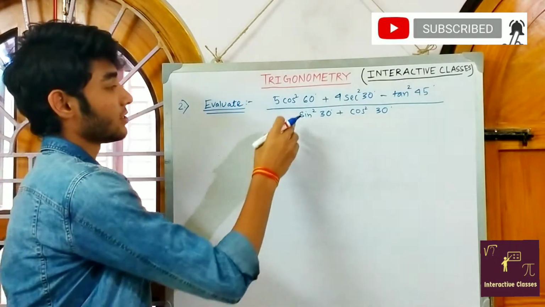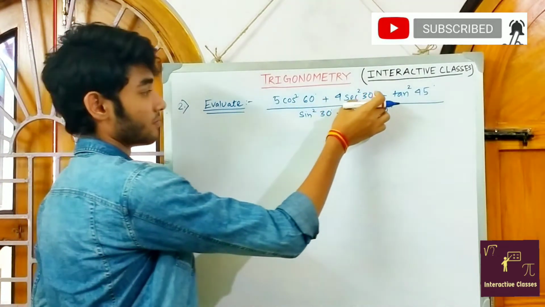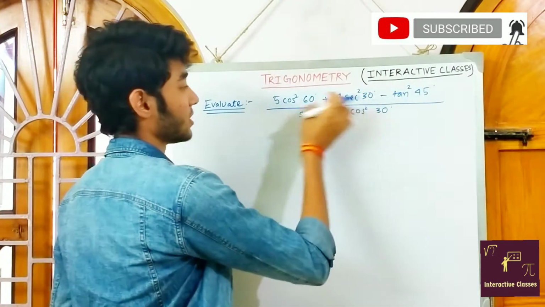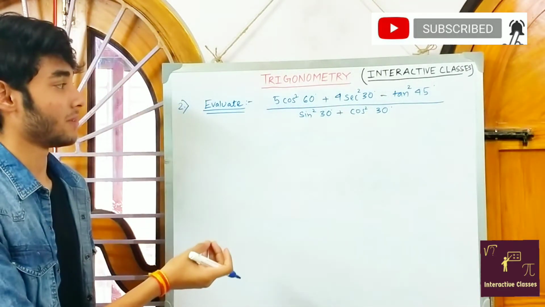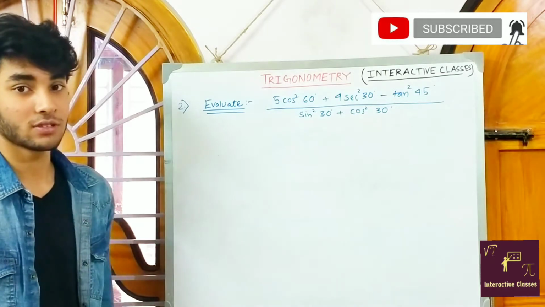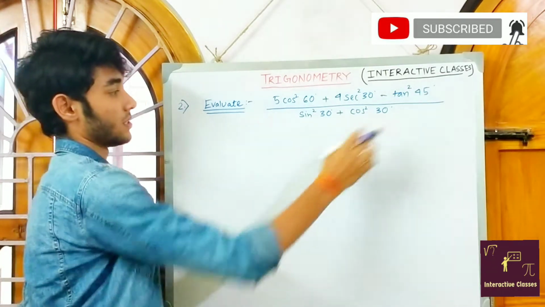So we will find out the values of different angles, that is sin 30, cos 60, tan 45, and we will evaluate it by simple simplification.